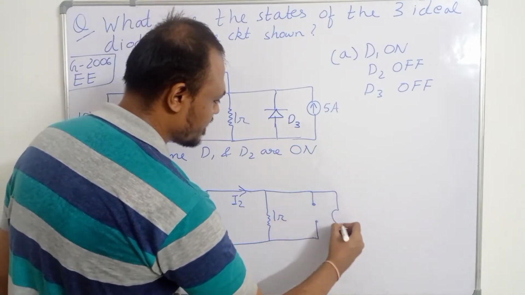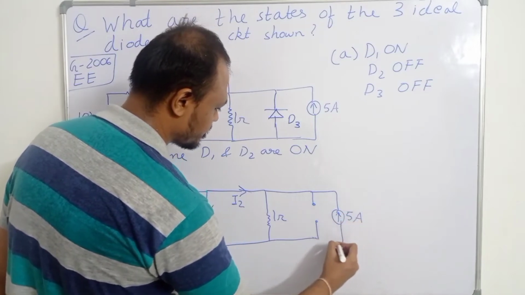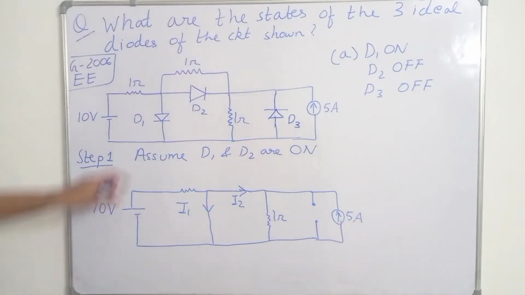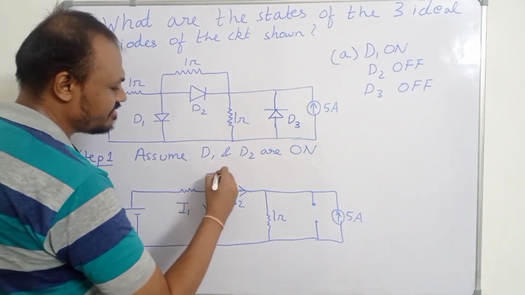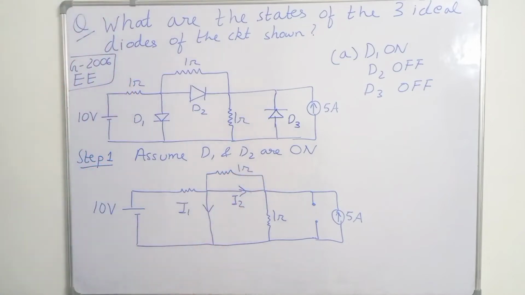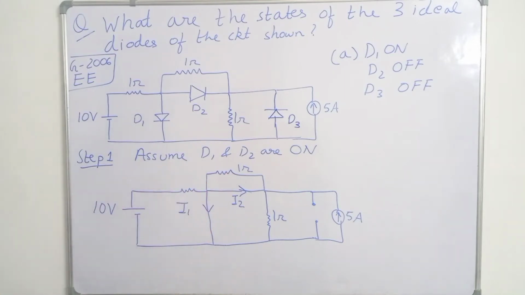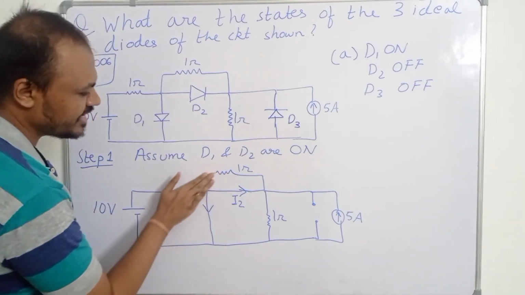And this is your 5 ampere current source. We can draw this resistance as well, but it is in parallel with the short circuit branch, so there is no need to draw it.